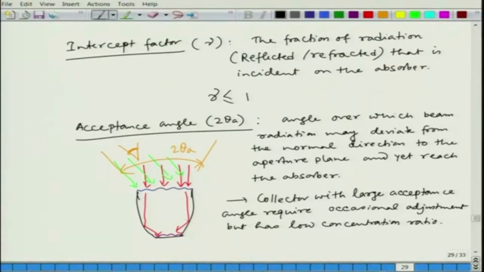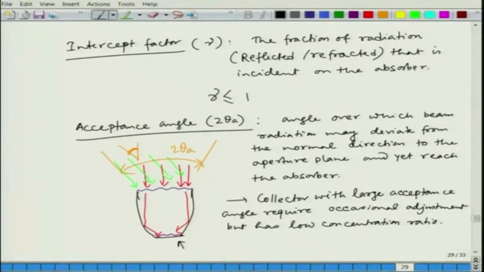For this particular example that I have shown here, here also you can have concentration ratio about 6, 7, 10, okay, low concentration ratio, and it gives you a certain acceptance angle which is less than 90 degree, but significantly higher than 0 degree.